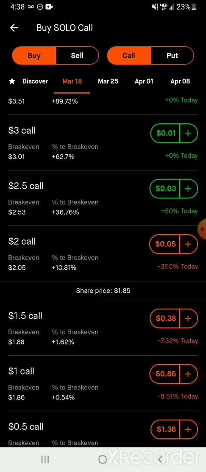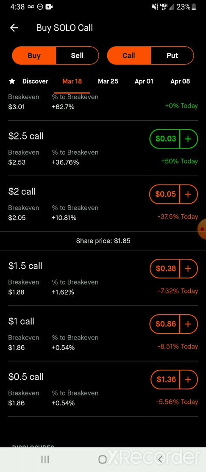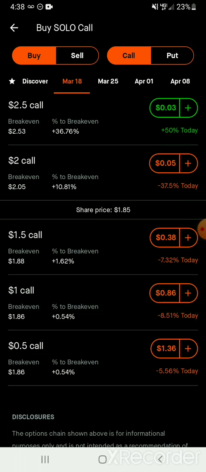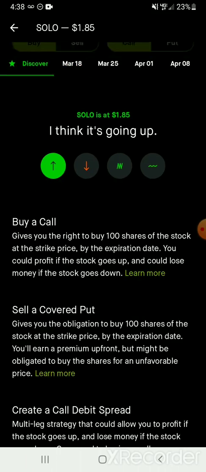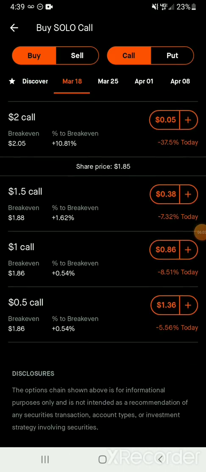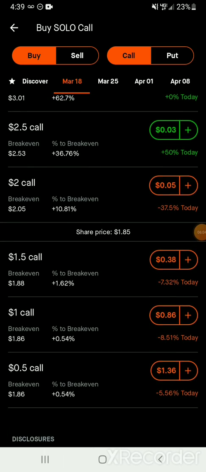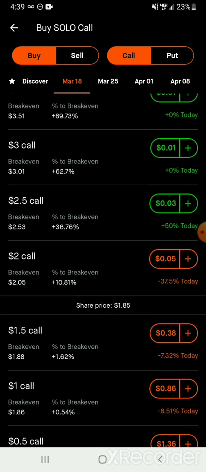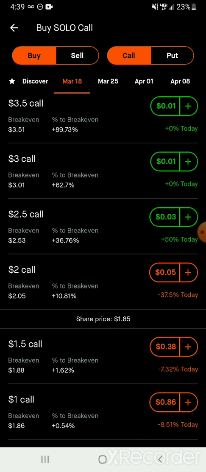Like in the money or out of the money may be above or below the share price, depending on what platform you use. But the point is, if the strike price is less than the share price, then it's an in-the-money options contract. And if the strike price is above the share price, then that is an out-of-the-money options contract.